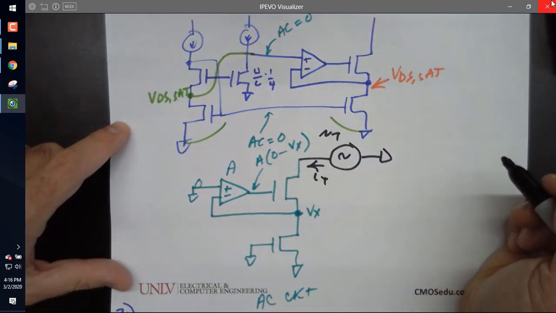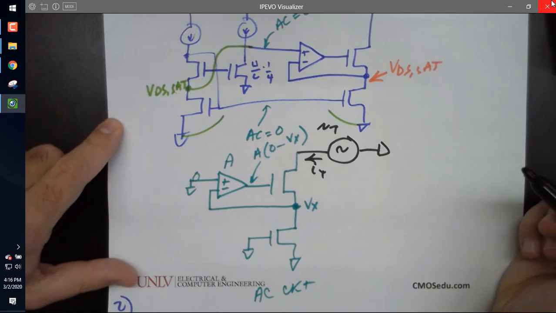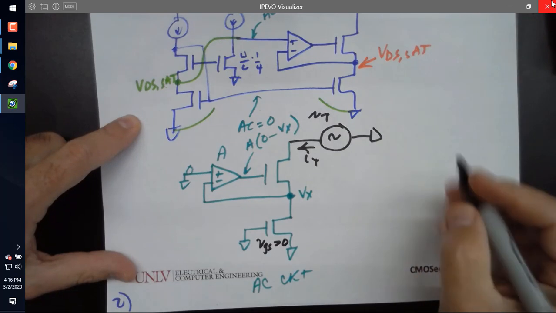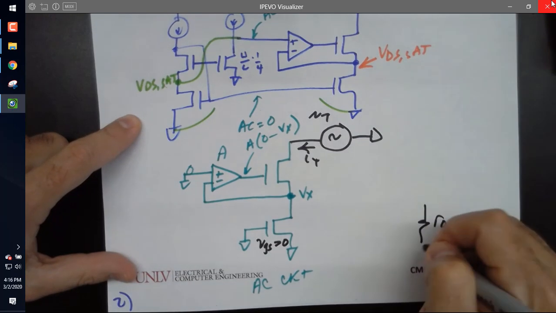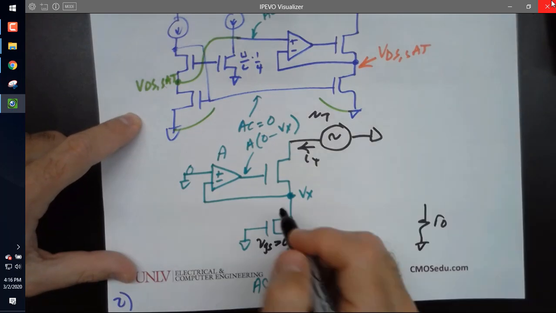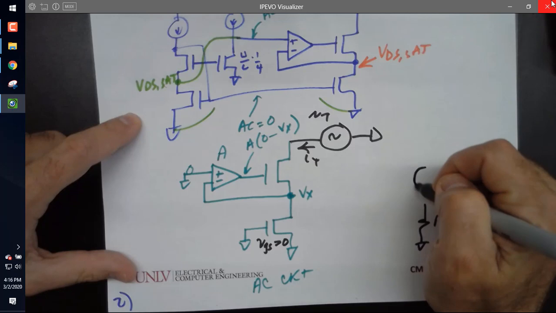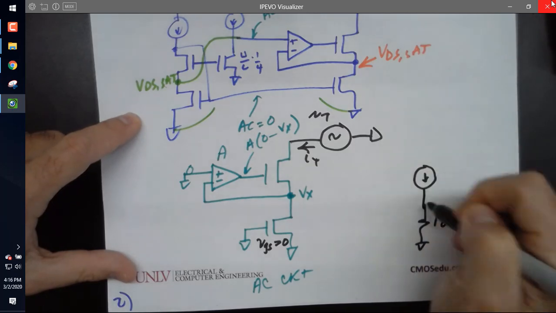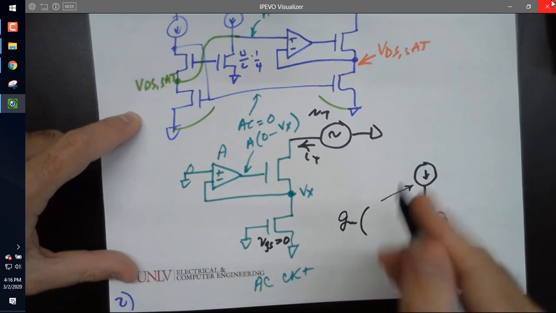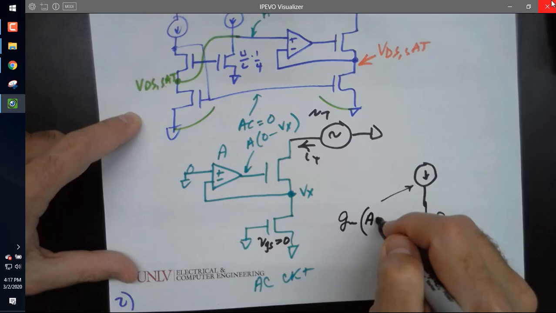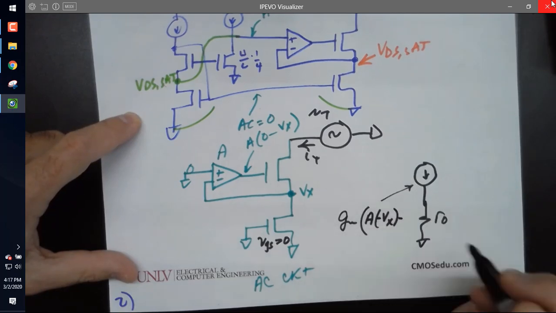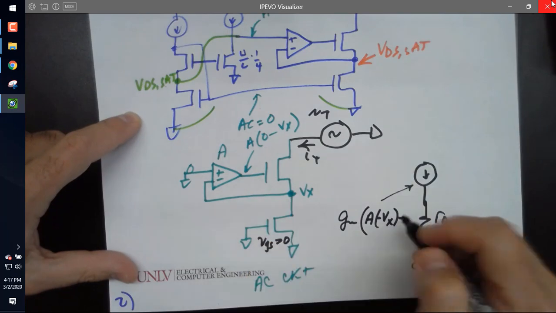What was the first thing I need to realize? This is 0, right? So I'm going to replace this with just Vx. And then if I look at the top, VGS will be GM VGS, which is A times minus Vx, minus, and what's the source voltage?